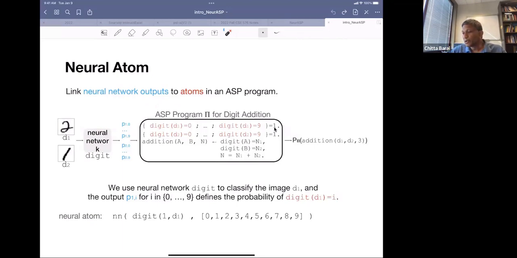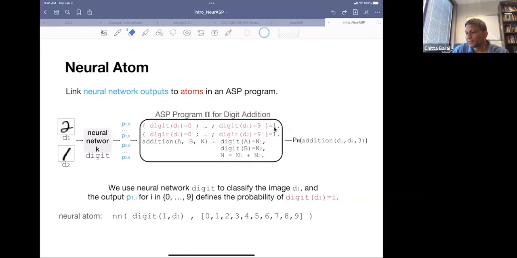So we use the neural network digit to classify the image D1, and the output P1I for I in 0 to 9 defines the probability that digit DI, like D1 or D2, has the value I. Now, going to a little more formal definition, this leads to a neural atom, nn digit 1 D1 0 to 9.